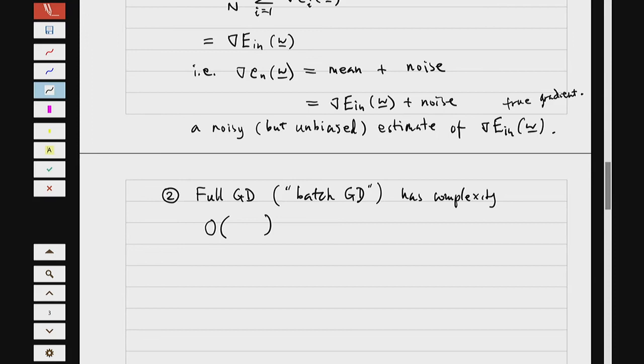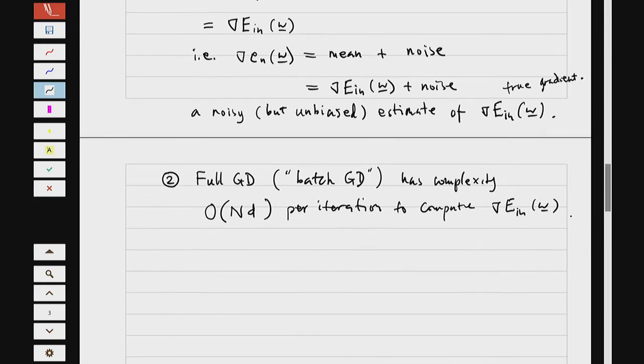So the complexity is n times d derivatives per iteration to compute E_in. Of course, n is large in reality, n is large in big data.